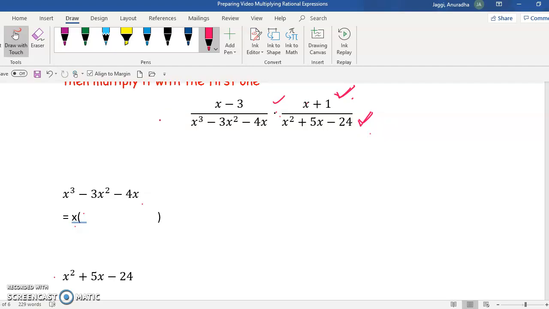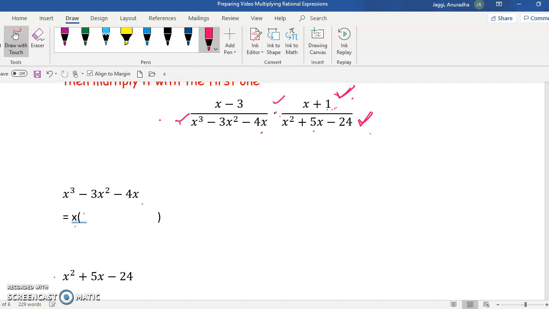Okay, so you'll see that the numerator is a linear binomial. There is nothing to factor out. Similarly, the numerator of the second rational expression is also a linear binomial, and there is no common factor I can take out. But the denominator here is a cubic trinomial. Here it's a quadratic trinomial.